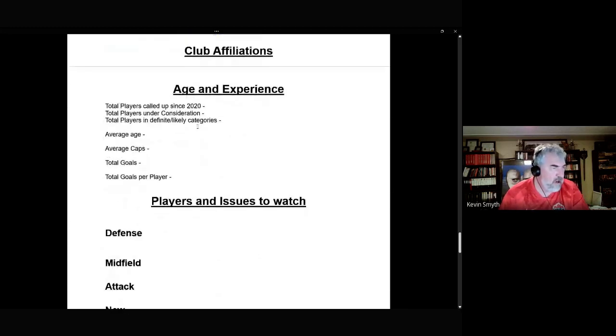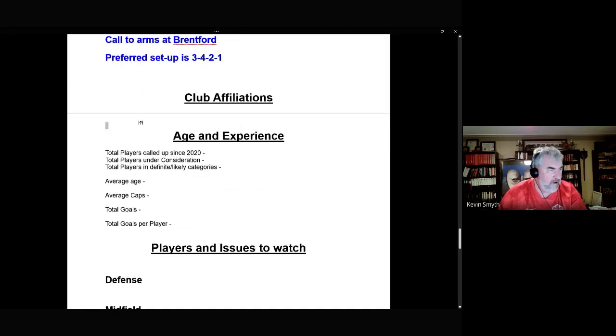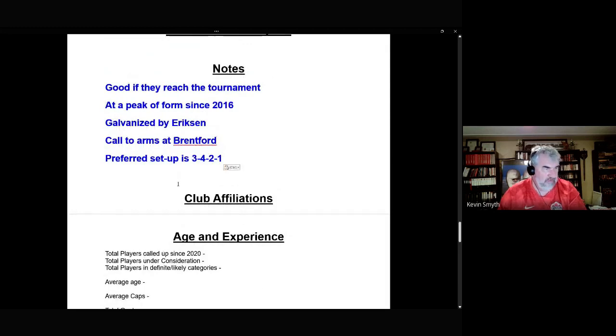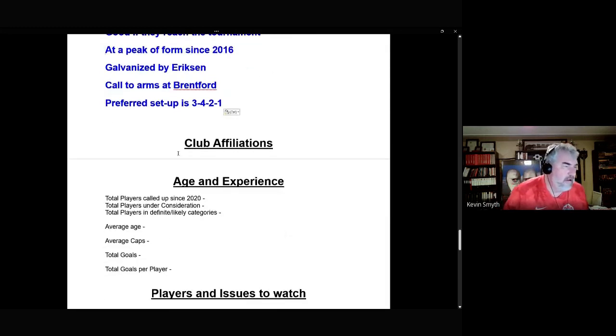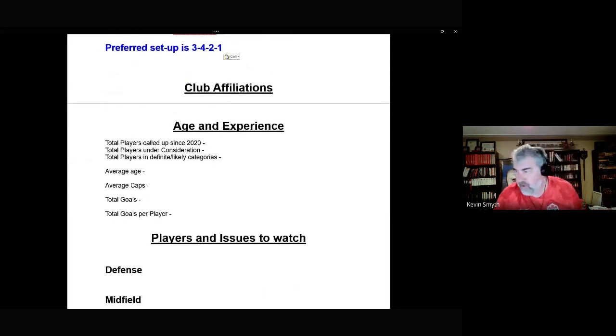So a pretty good club affiliation, but I wouldn't say as good as, say, some of the French team, some of the other teams that are in this cup. Nevertheless, their good club affiliation is part of the reason that they've been doing better. We saw a peak of form since 2016.